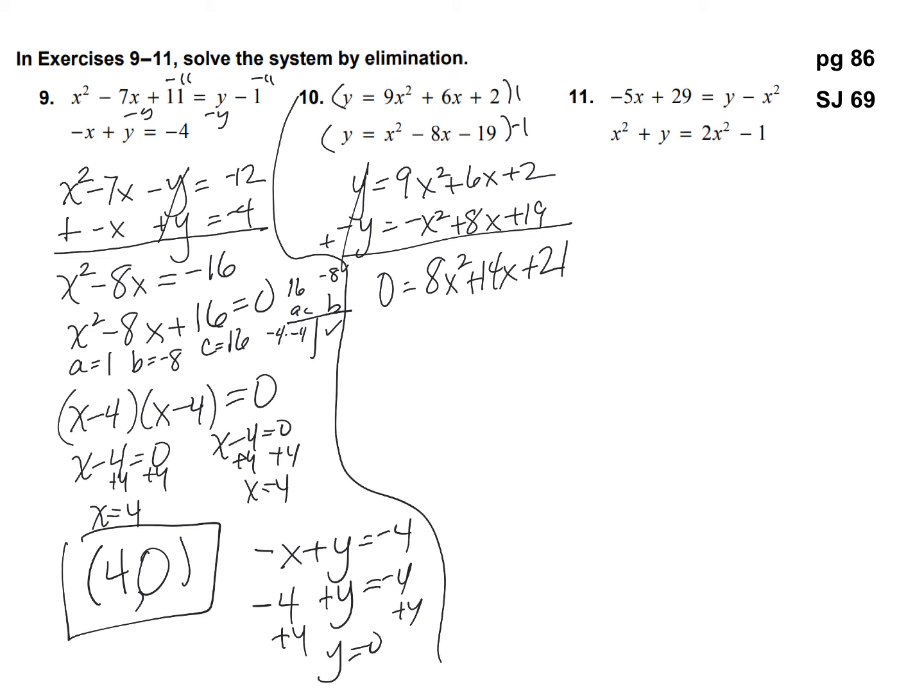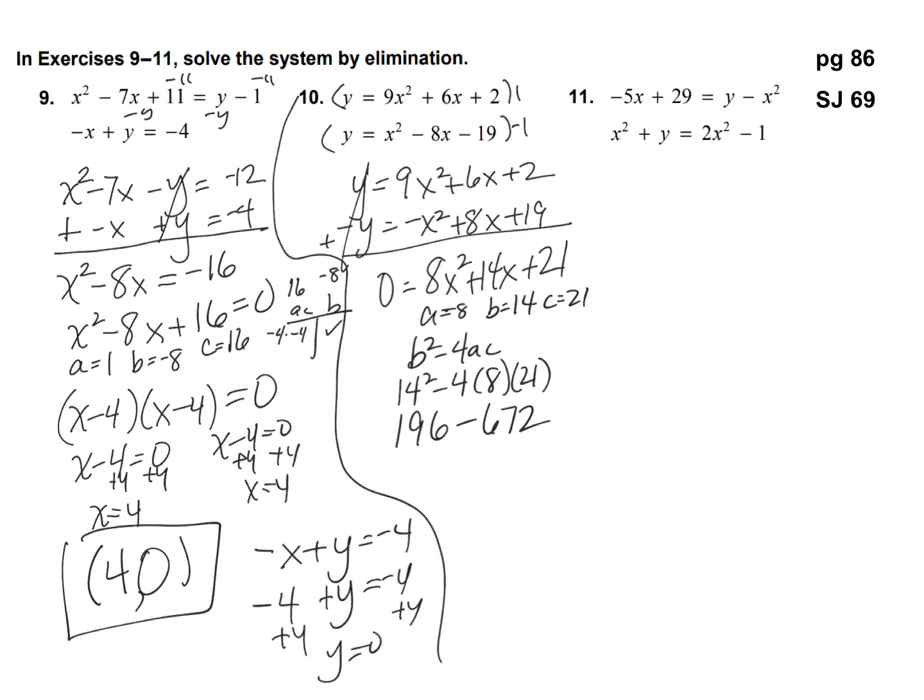I don't have a common factor, so I'm going to name A, B, and C. I'm going to do the discriminant, b squared minus 4ac. 14 squared minus 4 times 8 times 21. So 196 minus 32 times 21 is 672. 196 minus 672 is negative 476.